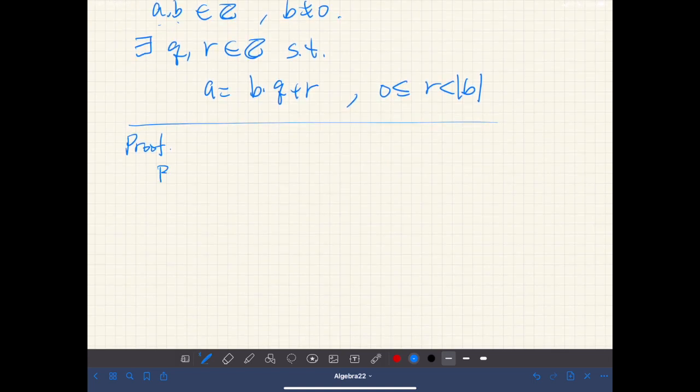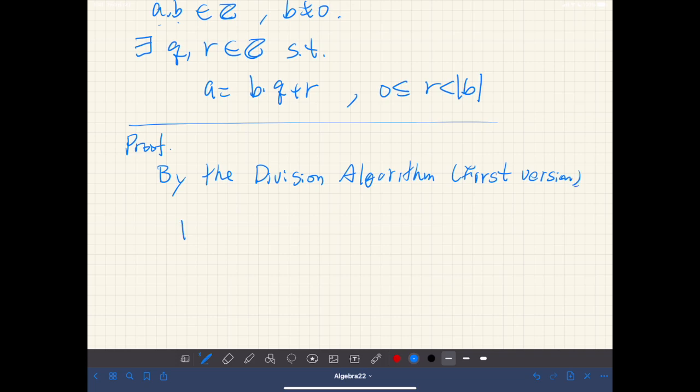By the division algorithm, the first version, that is the one we have just proved before, we have the following result. So let's take the modulus of a and b, so that they are both non-negative integers.